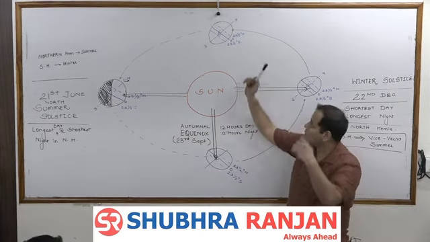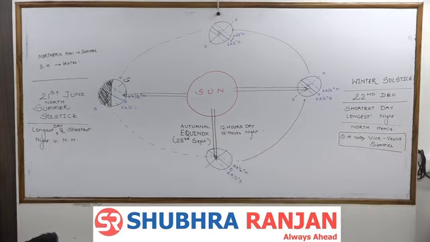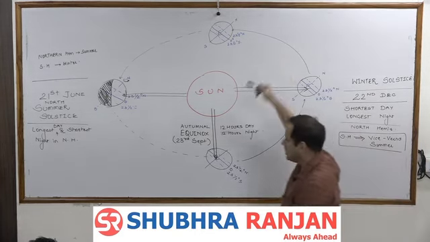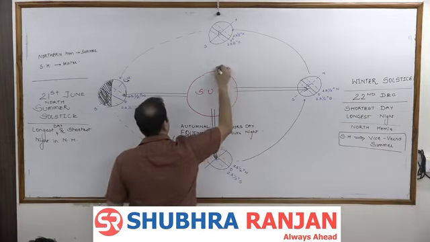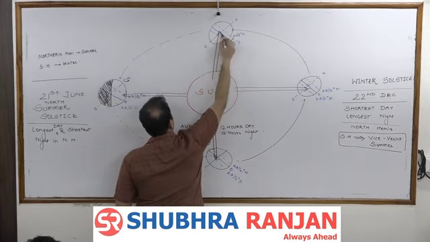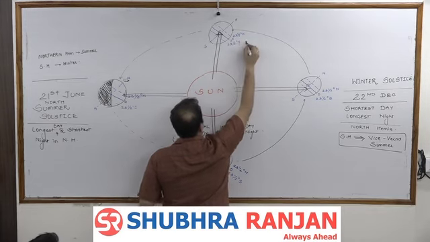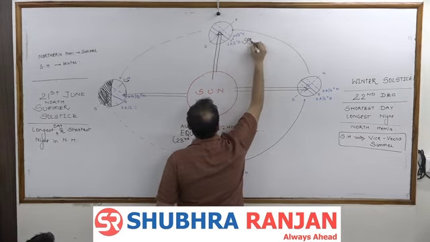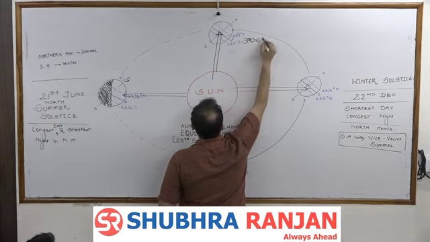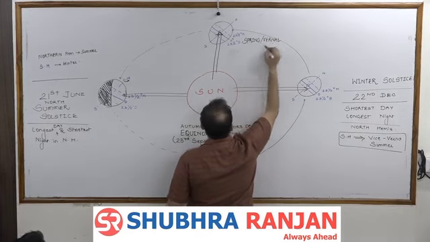That is except for these 2 days, 23rd September, and when the sun, as the earth continues its journey to such an extent that again the sun rays are falling exactly on the equator, we call this the spring or vernal equinox.